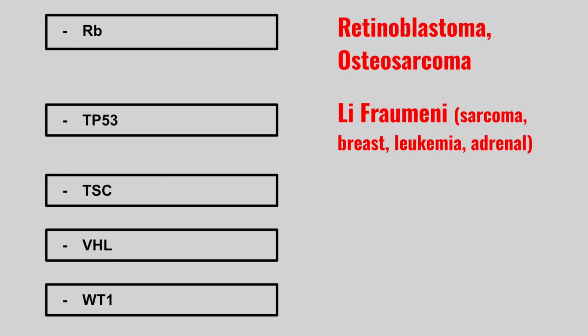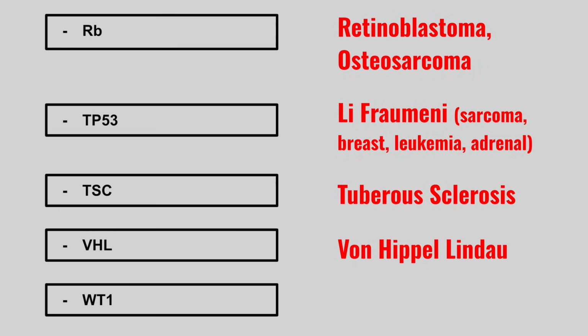Next we have TSC. This is tuberous sclerosis. Then we have VHL. This is von Hippel-Lindau. And then we have WT1. This is Wilms tumor.